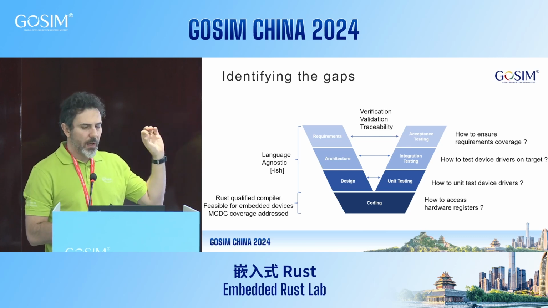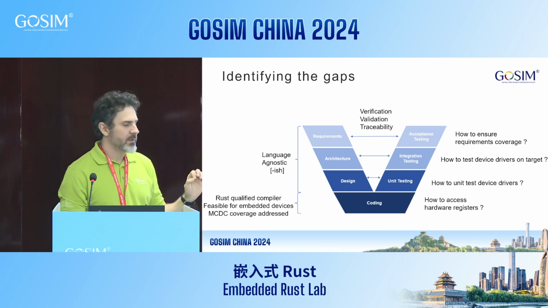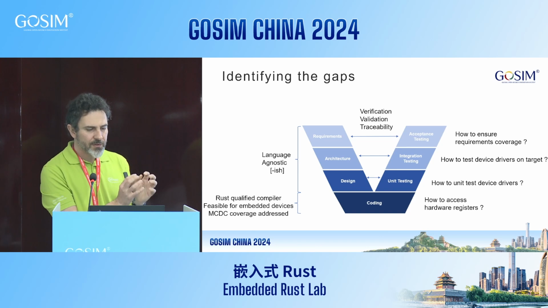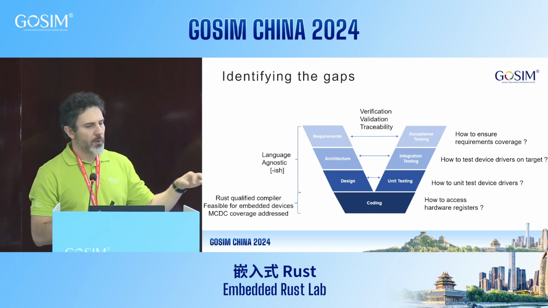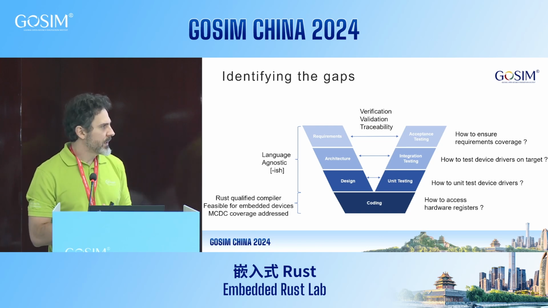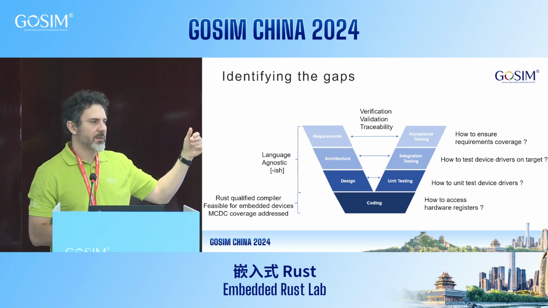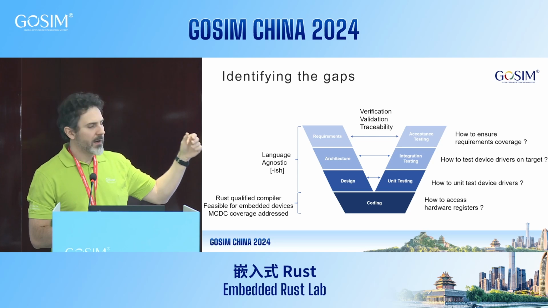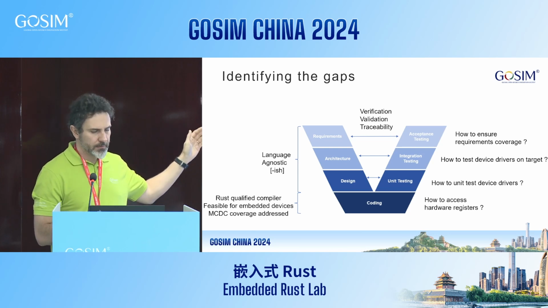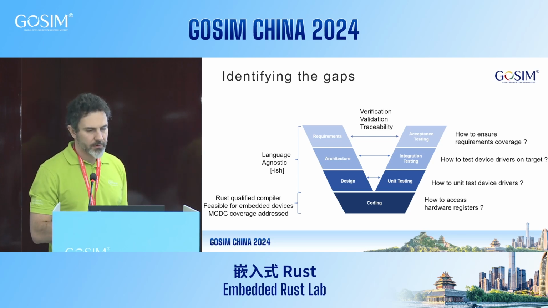The next phase: how can I test these device drivers in an isolated way, separated from the rest of my big project that's using these device drivers? And finally, when I have the tests, how can I make sure that these tests are covering the requirements that were established in the first place?